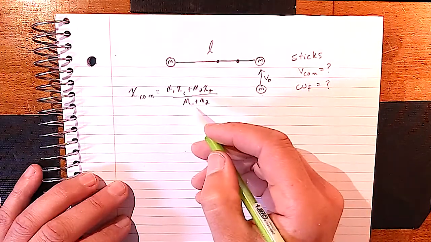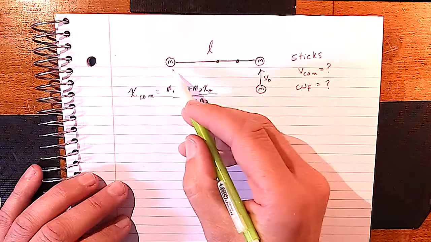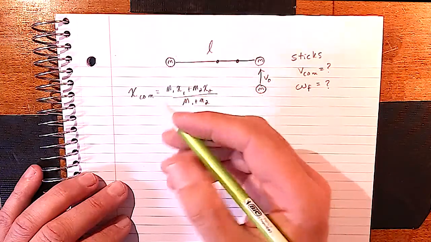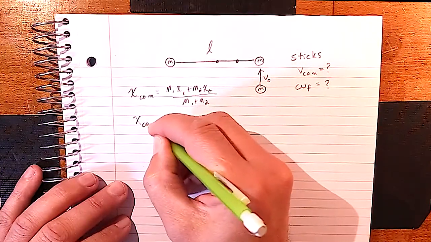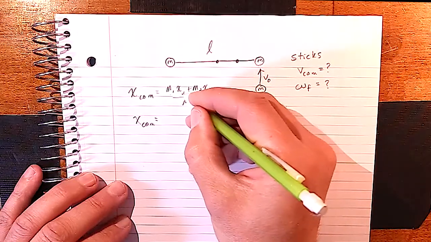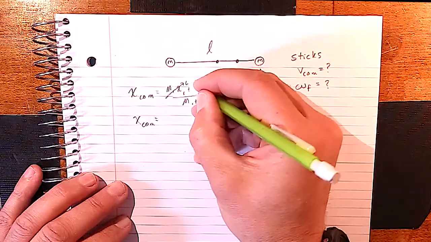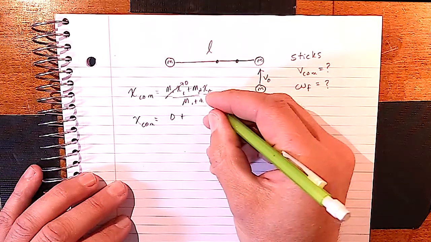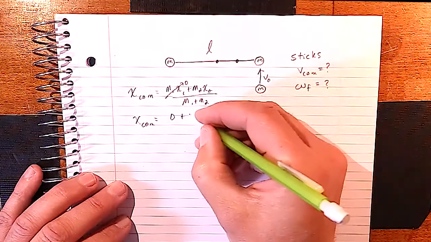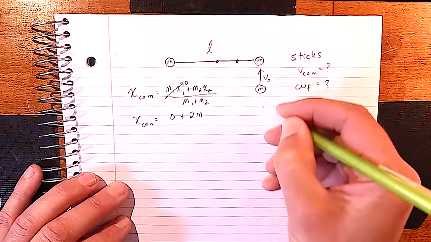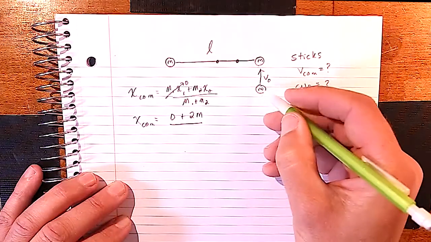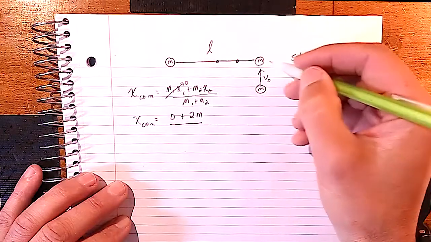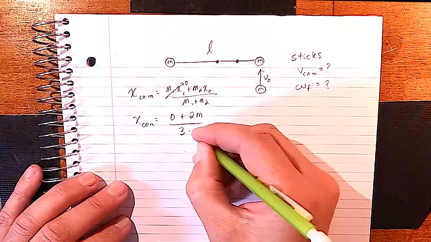Well, what's our origin? We have to choose an origin. So let's choose this point right here. And then if that's our origin, then we have m1x1, that becomes 0 because it's at the origin, plus m2, well, that's going to be these 2 m's stuck together, so that's going to be 2m, over the sum of the mass of the system, which is 1, 2, 3, that's 3m.